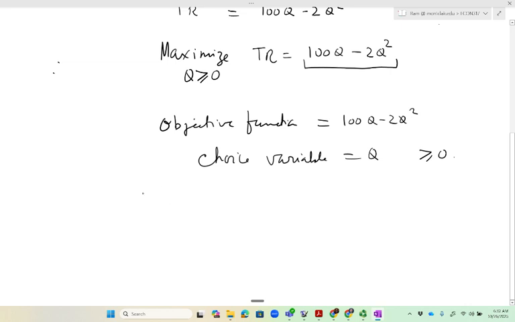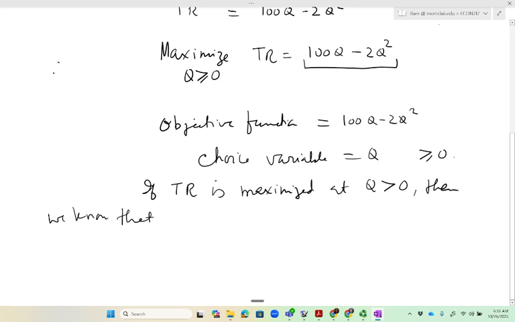And we have learned that if the total revenue is maximized at some quantity, let's say positive, then we know that the first order condition, very soon I will start writing it as FOC, holds.